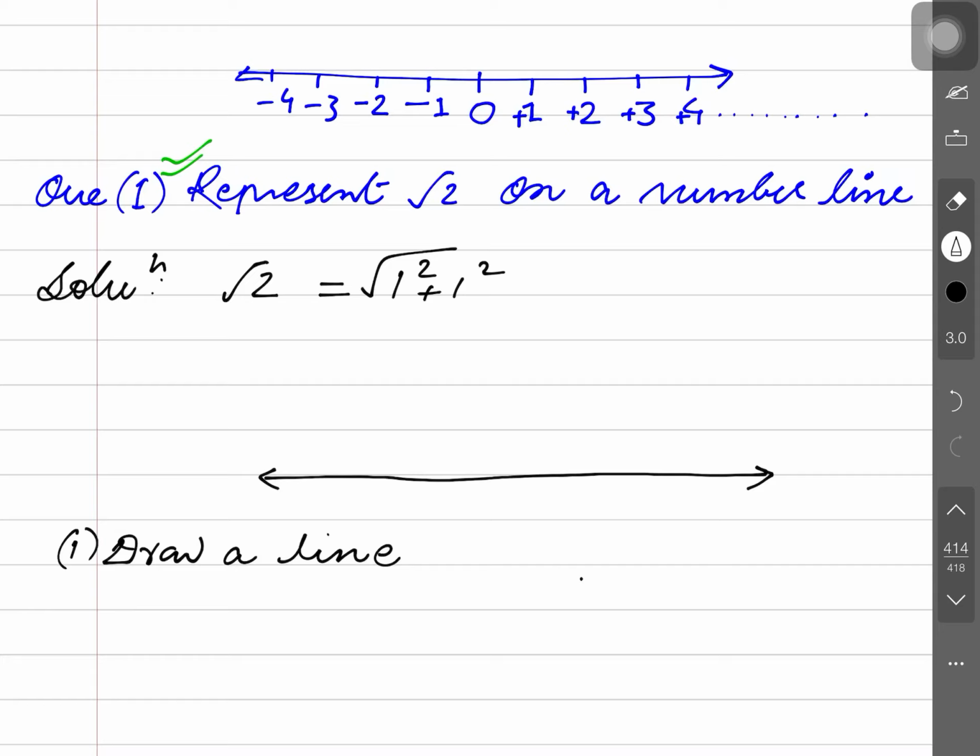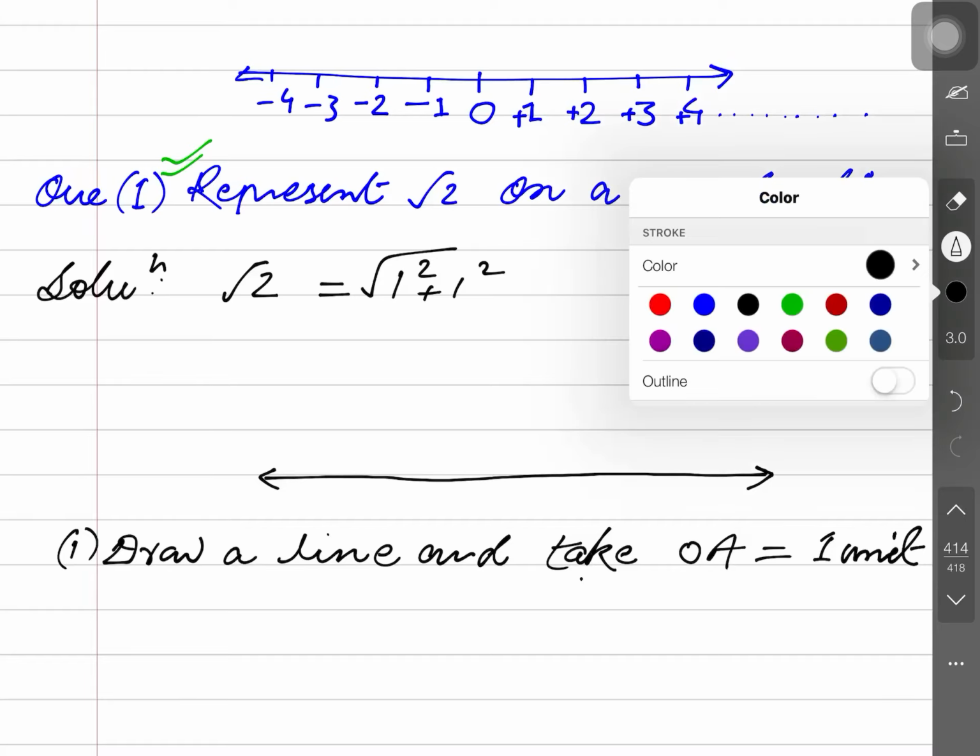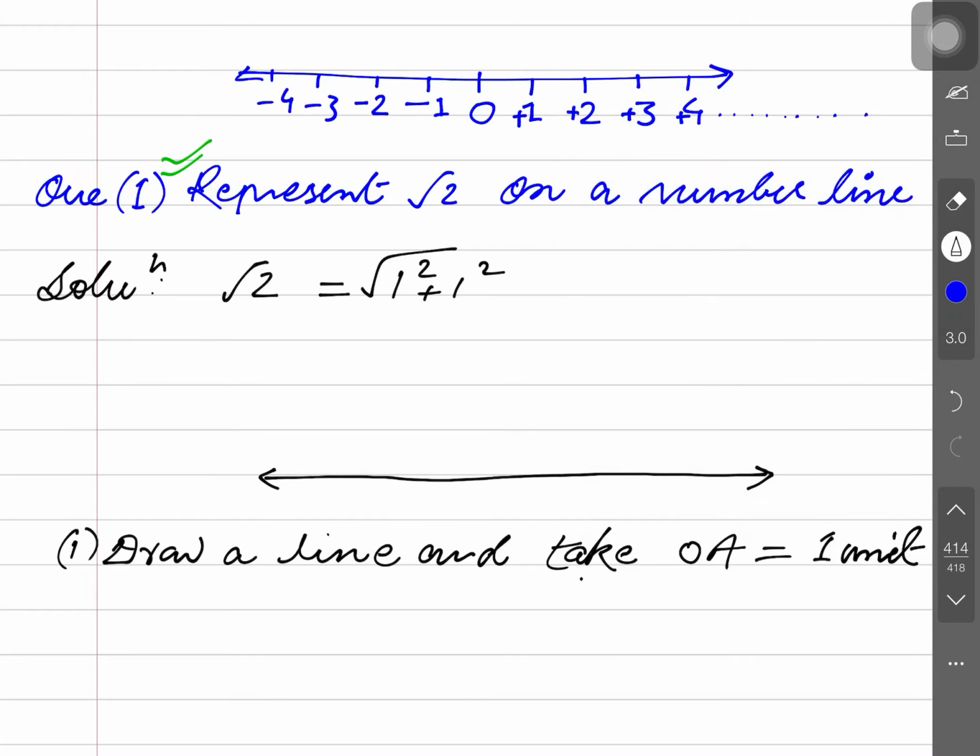Take 1 unit on it, OA is equal to 1 unit. The important concept here is that I am taking this as 1 unit, let this be O and this be A. Sometimes students take 1 unit according to their scales so that they feel troublesome in doing the questions, and the quantities become very small.